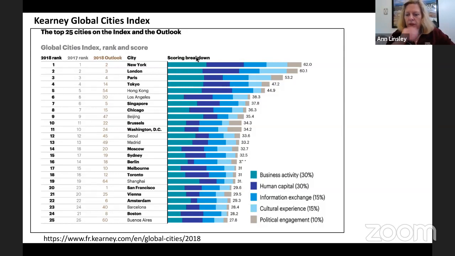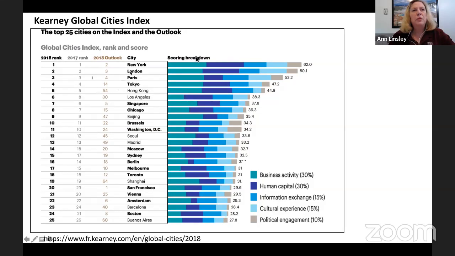All right, so in this one, New York, London, and Paris still maintain over a decades-long dominance up here at the top of this. And actually, the top 4 cities have been at the top of this easily over a decade. They keep flipping around between 1, 2, 3, and 4-ish, 5-ish sometimes.